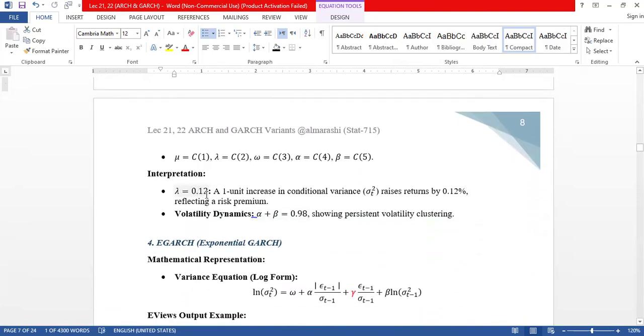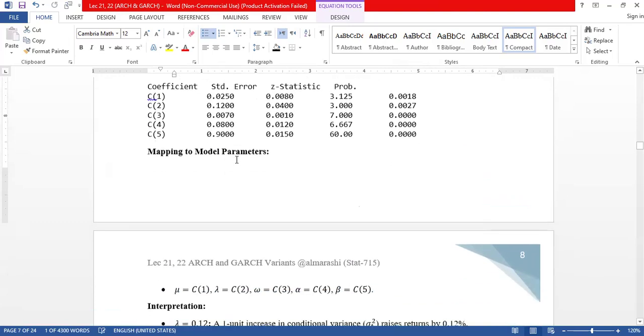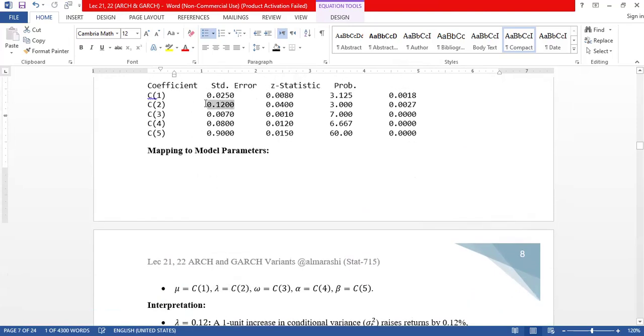Alpha 0.12: a 1 unit increase in conditional variance raises returns by 0.12%, reflecting a risk premium. You see here, 0.12. It says alpha is C2. So this is your lambda, and this is significant.